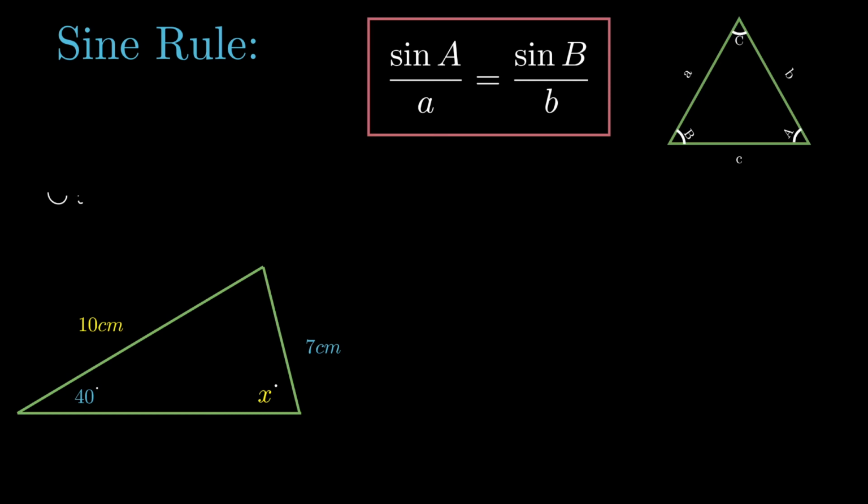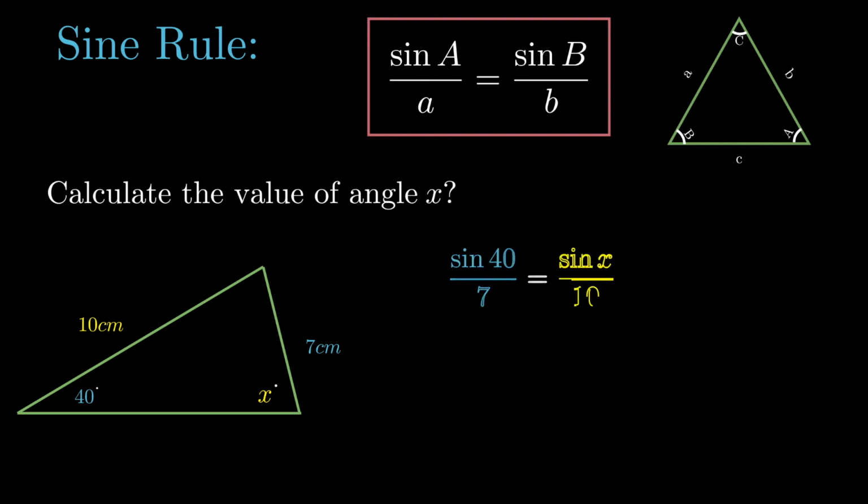The question is, calculate the value of angle x. As you can see, 40 degrees and 7 centimeters are opposite each other, so that's going to be our A's, and x degrees and 10 centimeters are opposite each other, so that can be the B's. So our formula we will have is sine 40 degrees over 7 is equal to sine x over 10.